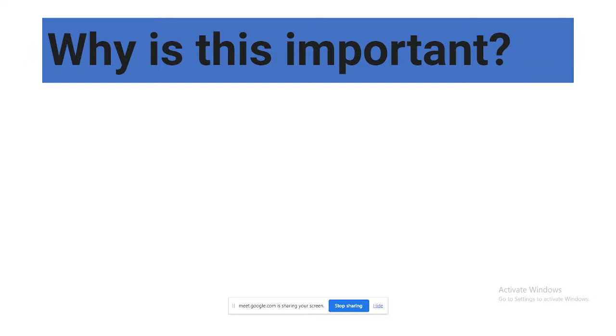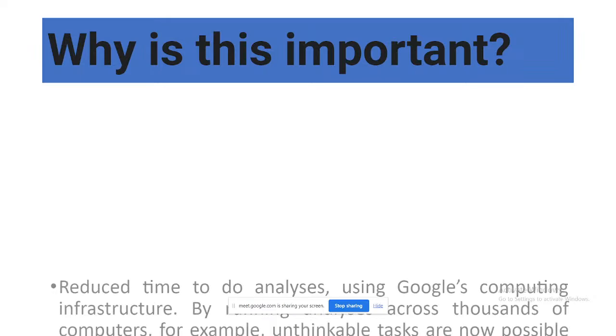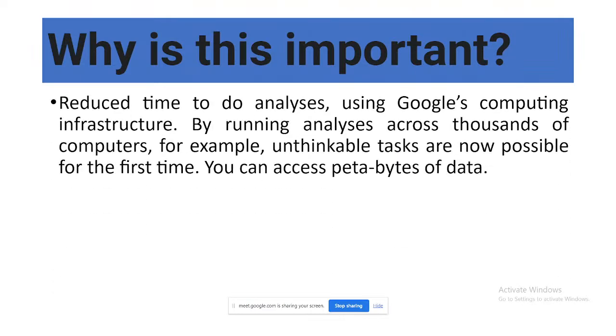But when you use the Google Earth Engine platform, you don't need to download any satellite images. We can easily access all of the satellite images from the Google Earth Engine data catalog, and we can easily access petabytes of data. So mainly it reduces our time to analysis, and its computing power is very fast.